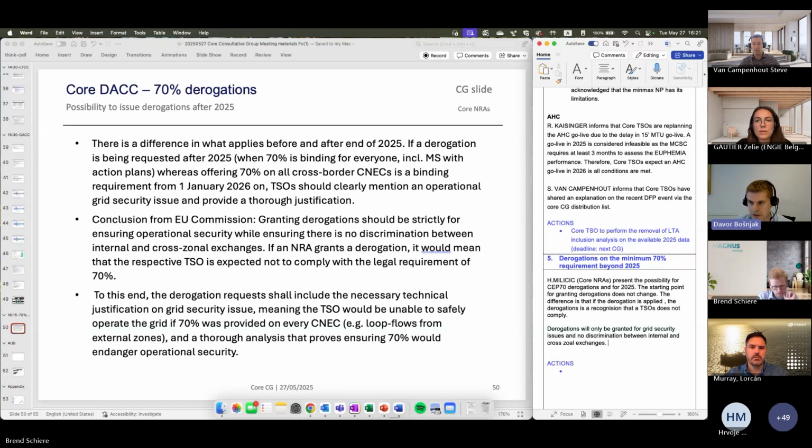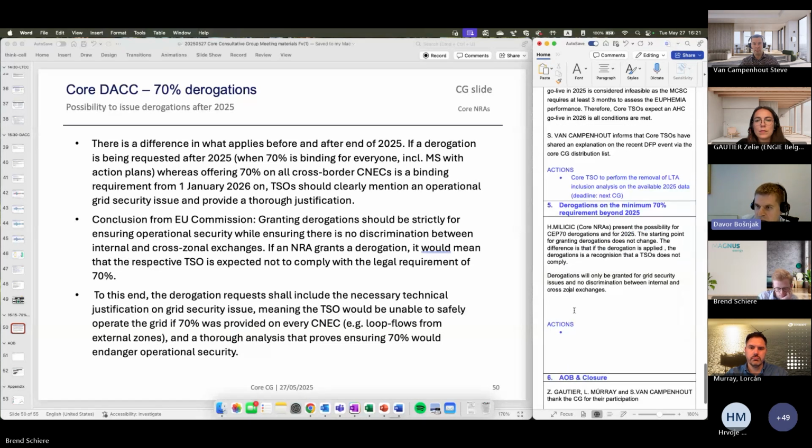Thank you, Hervé, for clarifying this conclusion. So on the one hand, we say it's binding for everybody, and on the other hand, we say it's not so binding if we can, let's say, prove that security issue is priority.